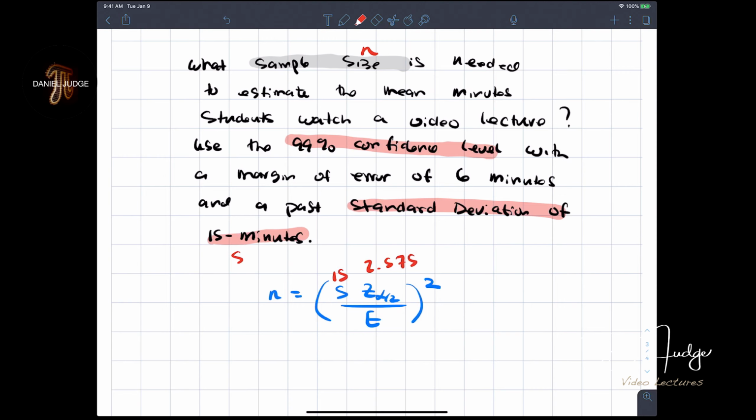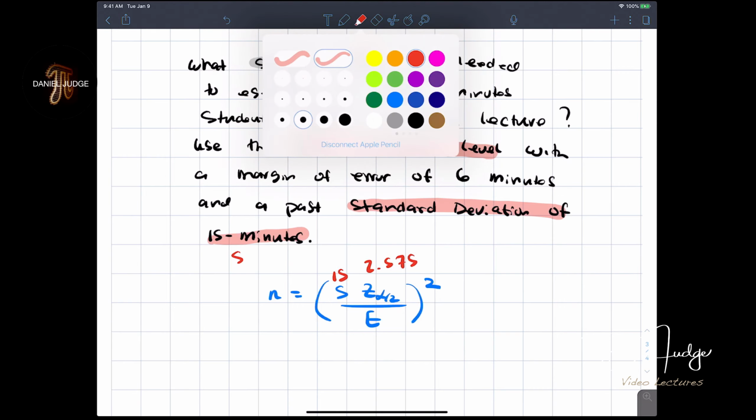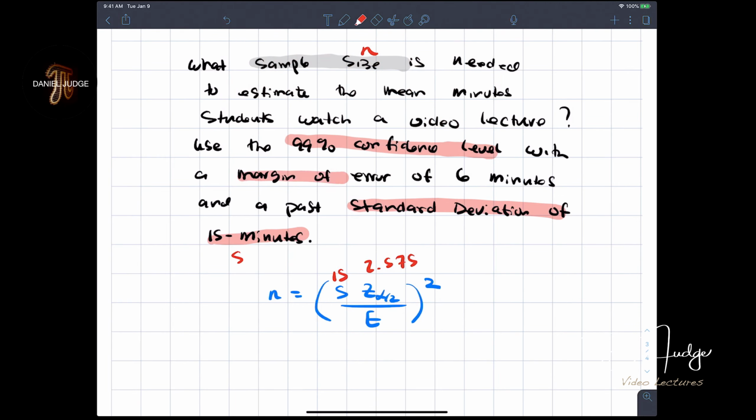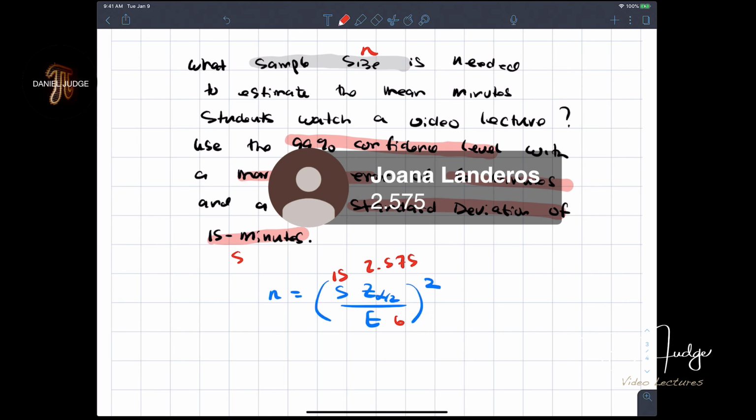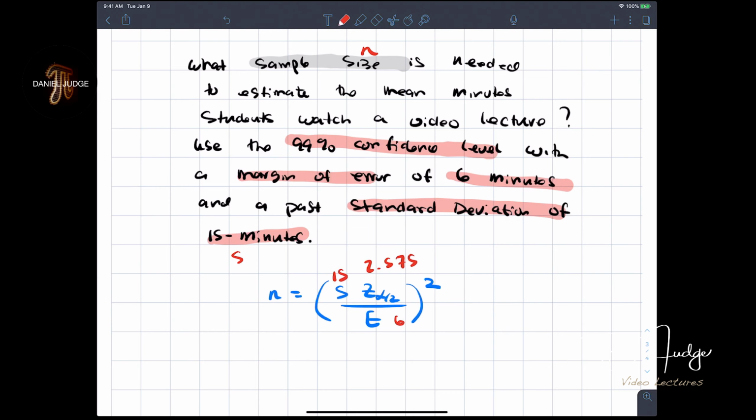They want a margin of error of 6 minutes. So this is going to be 6. And yes, Joanna has it correct for the Z value. Absolutely. Thank you.